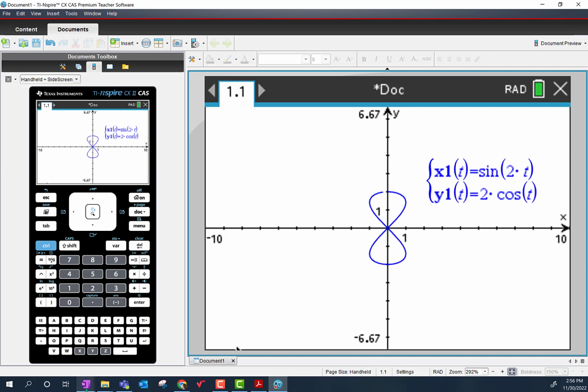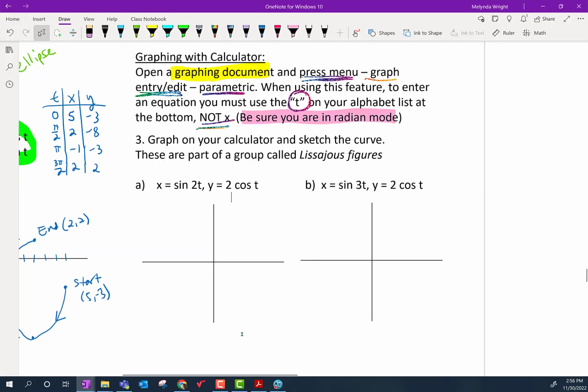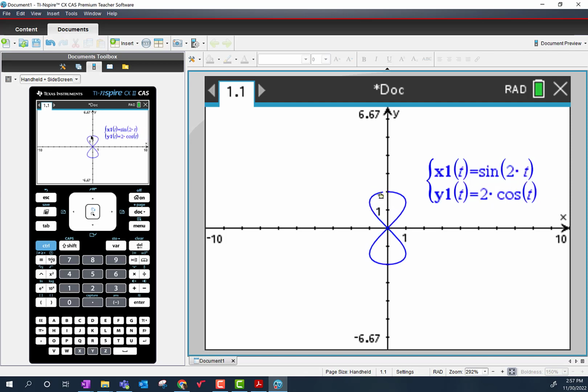So let's go to our document and just sketch it. Just kind of put it in there. So it looks like this: on the y-axis it's like up 2 and down 2, and on the x-axis, it goes to 1 and -1. It doesn't pass that. You might be able to surmise why with this 2 and that 1.